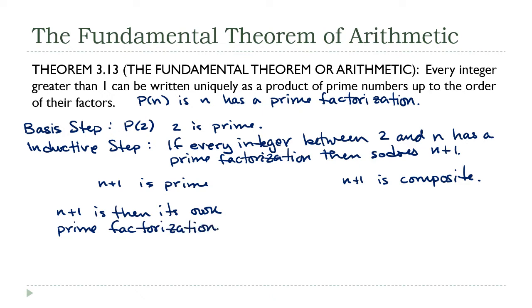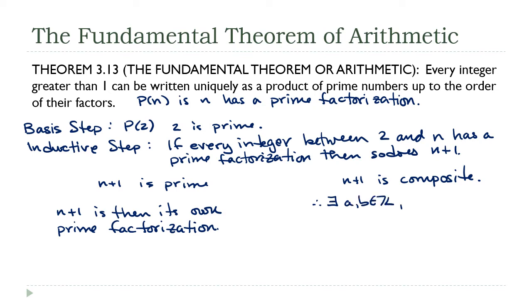All right, so how about this other side over here? What if n plus 1 is composite? Well, if n plus 1 is composite, that means there are two integers less than n plus 1, so let's write this. Therefore, there exist integers a and b.